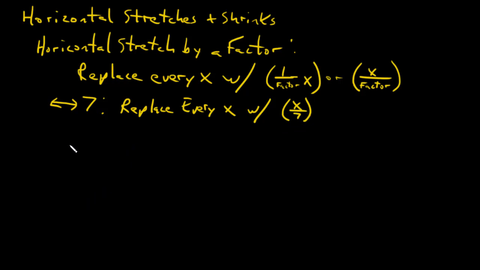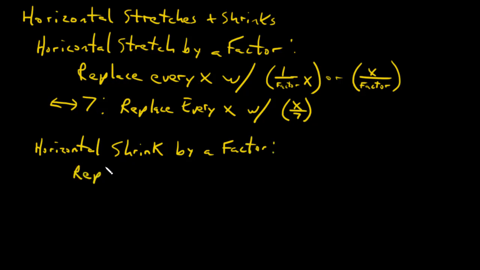All right, so now a horizontal shrink, and you can probably guess what's going to happen here. So for a horizontal shrink, or compression, or whatever you want to call it, I want to shrink it horizontally by a factor. I replace every x with, yep, you guessed it, x times the factor, or the factor times x.